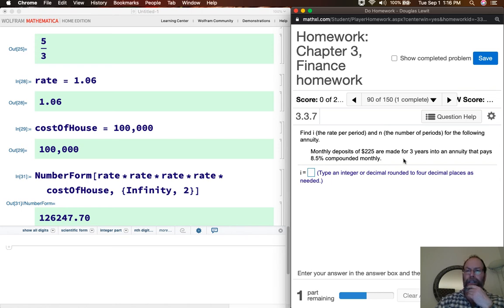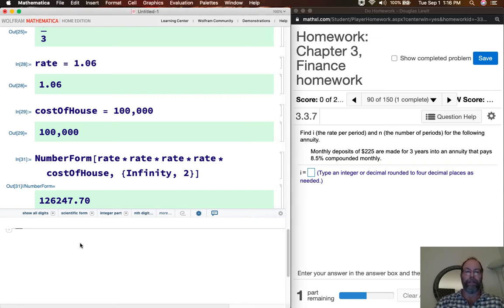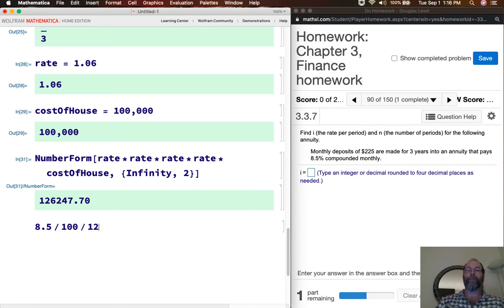Actually, that's not that difficult at all. So if it's 8.5% compounded monthly, let me put my cursor right here on my Mathematica window. 8.5%, change that into a decimal, and then divide by 12, because there are 12 months in a year.